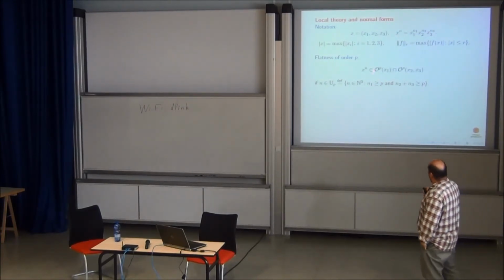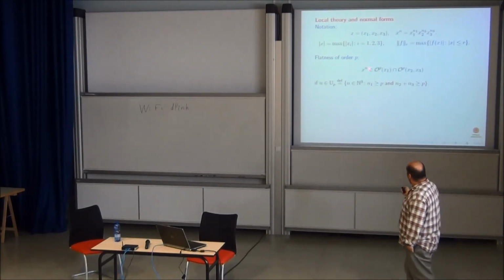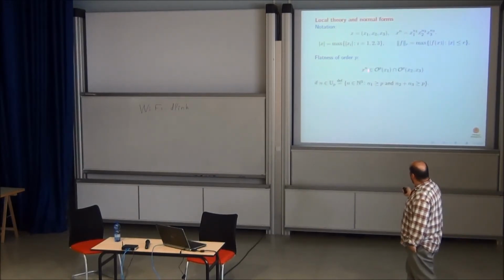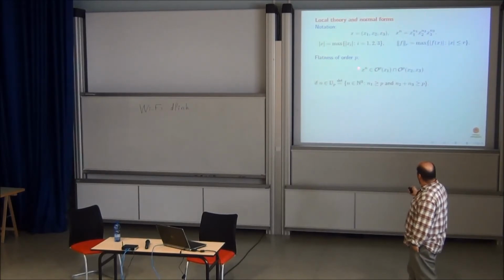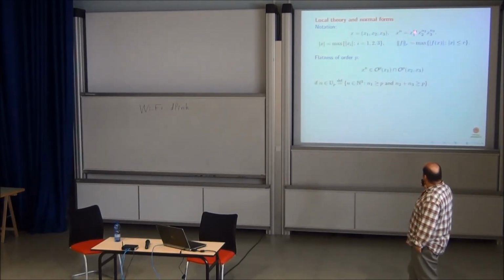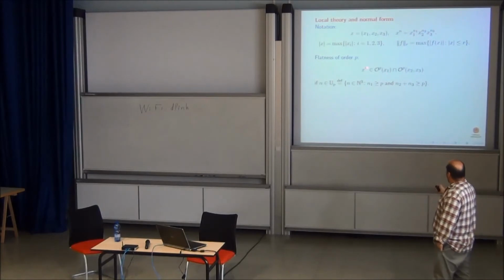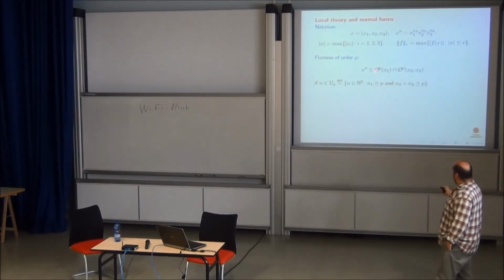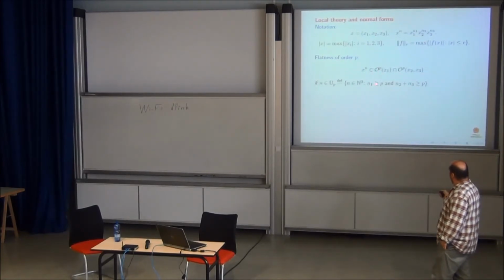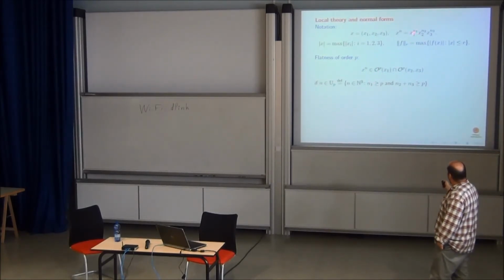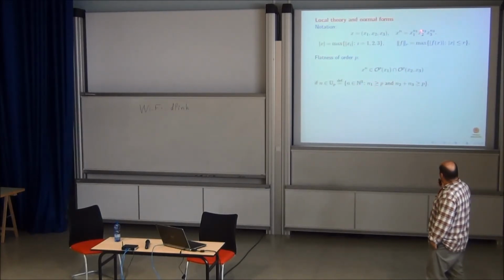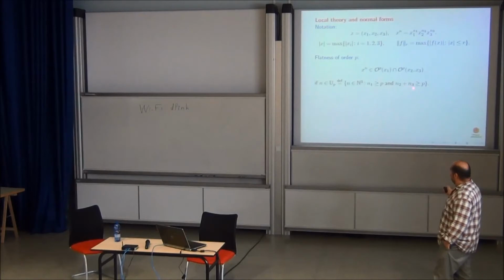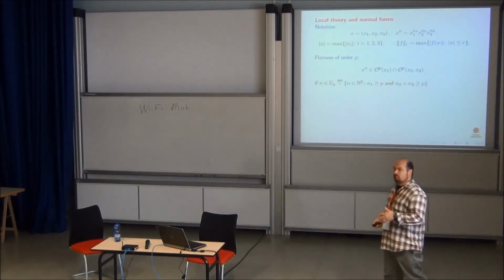In the non-linear part, I just want to keep powers of x. Remember, this x to the n is actually x1 to the n1 times and so forth, of a certain shape. It means that my x1 exponent should be at least p, and the sum of the x2 and x3 exponents should also be at least p.